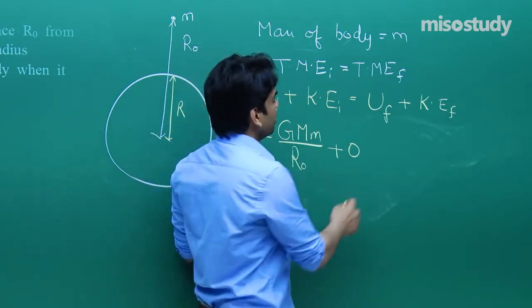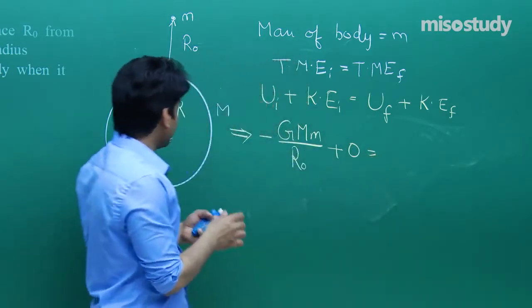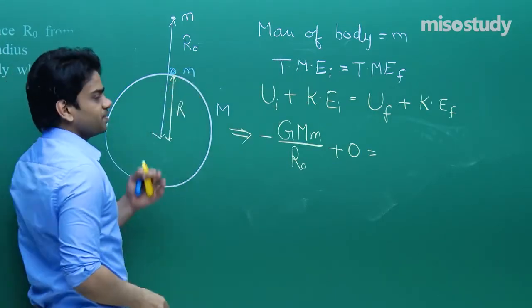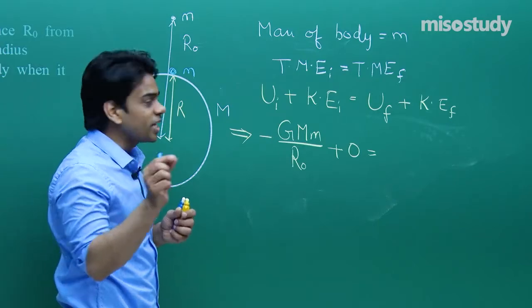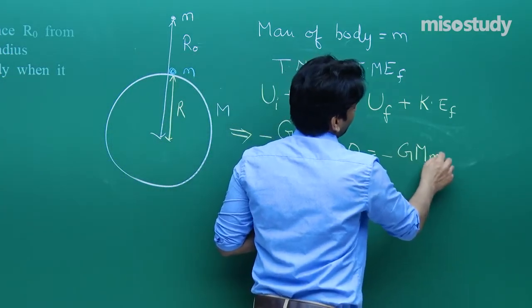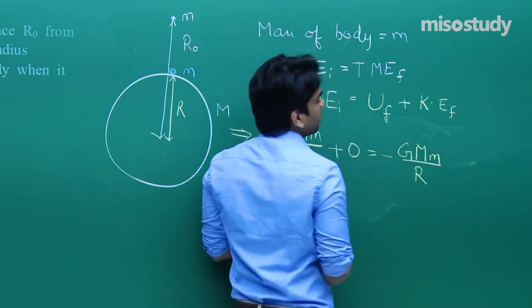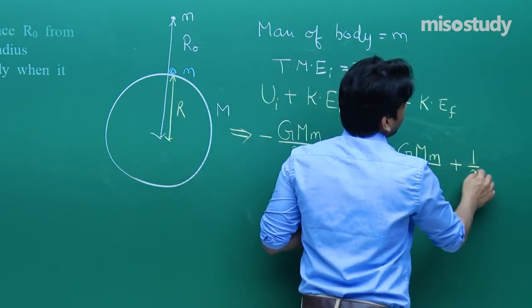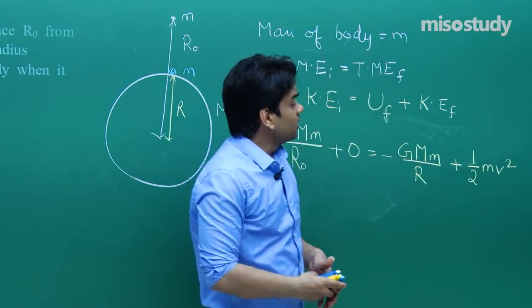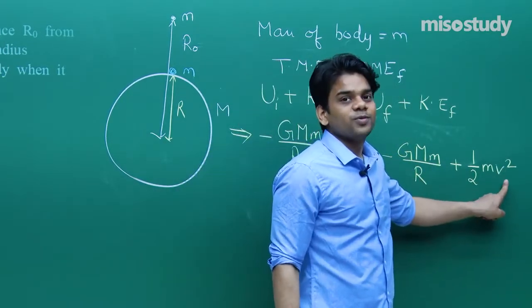Final potential energy, when the body reaches the surface of Earth, will be minus GMm upon r, and kinetic energy, let me write that as half mv square. This is the thing that we need to evaluate, v.